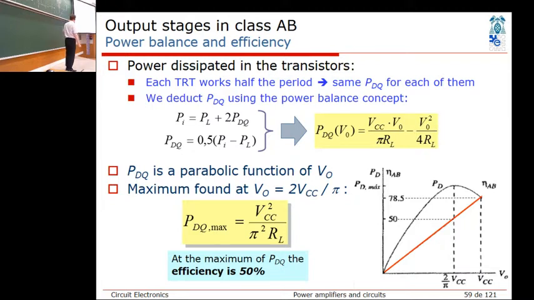Which is basically, the maximum dissipation happens at the 50% efficiency.